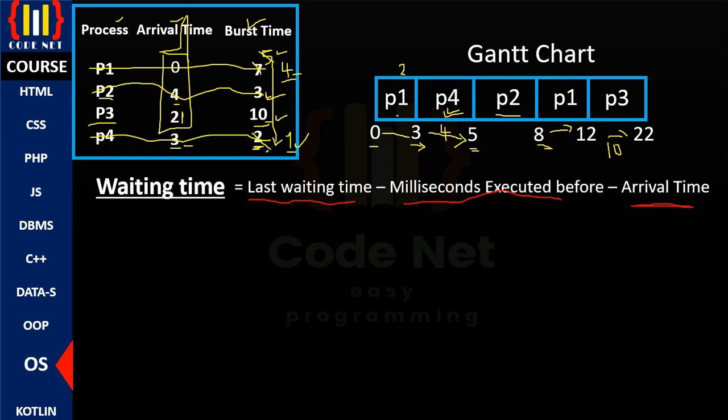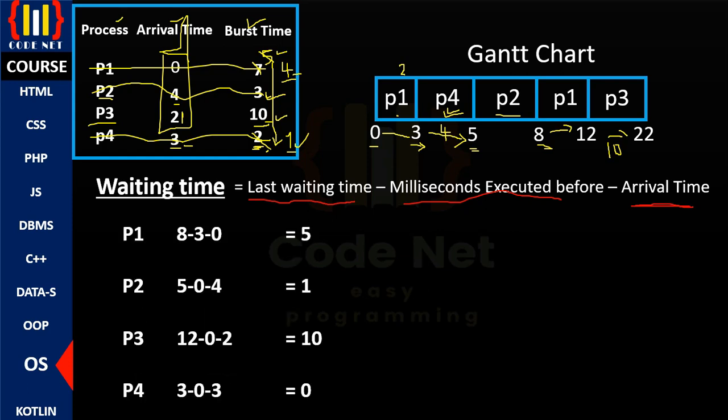So if we were to calculate the waiting time for each process, we would ask, what is the last waiting time for process 1? Last waiting time, not the previous one. Process 1's first waiting time was 0, but this isn't the last one, because it executed again. So the last waiting time is 8.